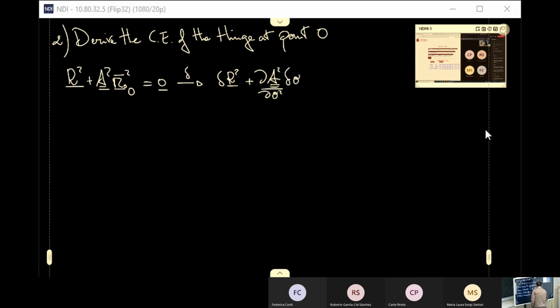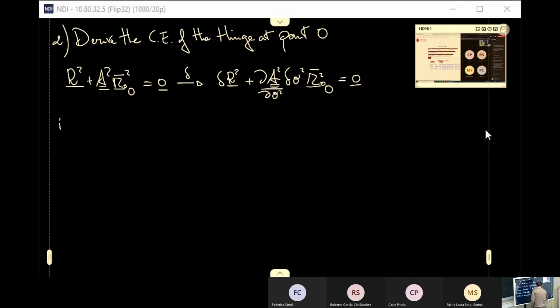And so here I'm going to write delta theta 2 times, then I should also derive R0O, but this is a constant, it doesn't depend on anything, so it stays when I do the derivative. This is equal to 0. Clear?